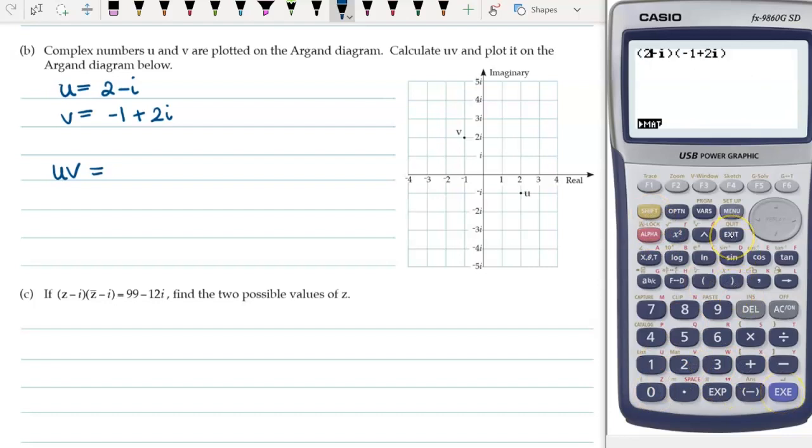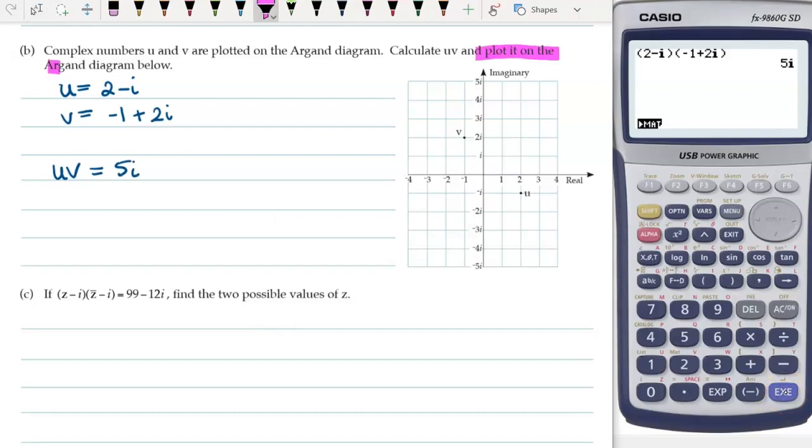Ooh, I've put something in wrong. There we go, I did the wrong kind of minus in there. That's going to be equal to 5i, and the last bit that often gets forgotten is to plot it onto the diagram. Do not miss that piece there. So we need to put 5i on here, and it's right here. So that there is uv.